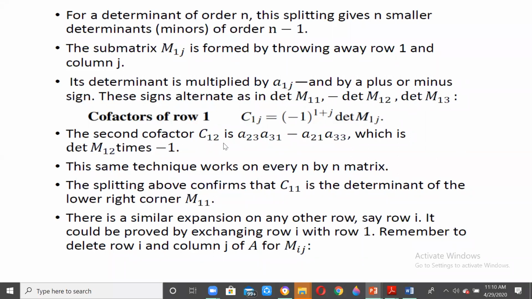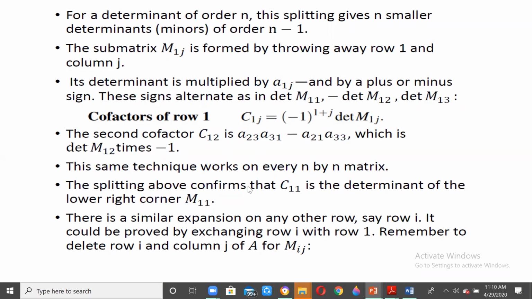So the second cofactor C12 is A23 multiplied by A31 minus A21 into A33, which is the determinant M12 times the minus 1. So this same technique works on every n by n matrix.